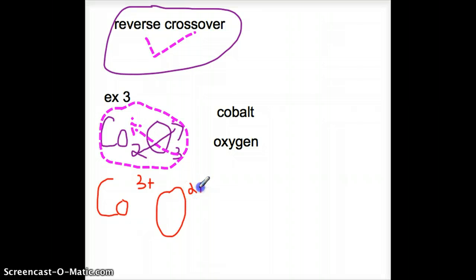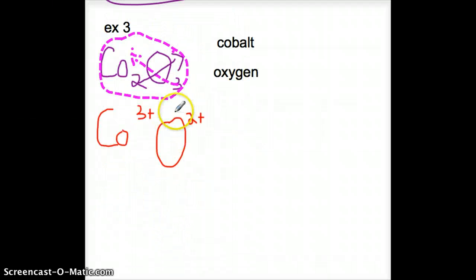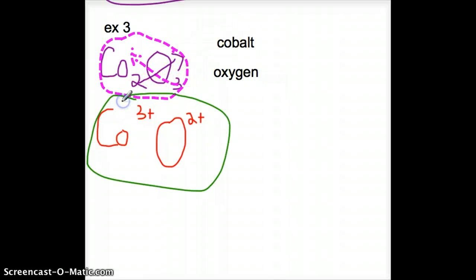This looks very familiar from when we wrote out the chemical formula of cobalt 3 plus, oxygen 2 minus. This form gives you the charges on each ion now.